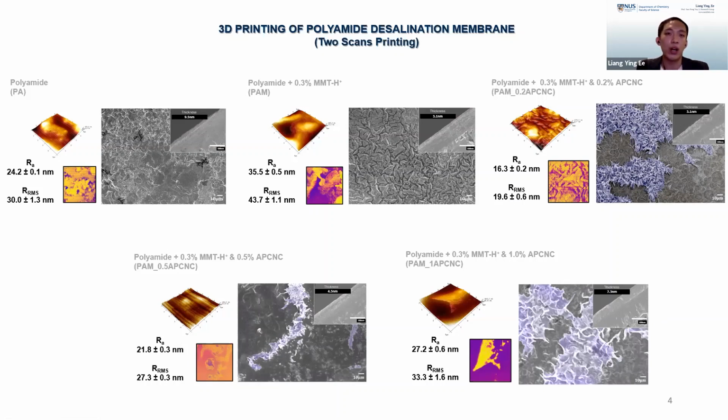One possible explanation could be an agglomeration of the APCNC on the polymer area, and this can be evidenced from the AFM phase images as well. Basically, an excessive concentration of APCNC results in an increase of surface roughness and would eventually translate to a fouling tendency also.